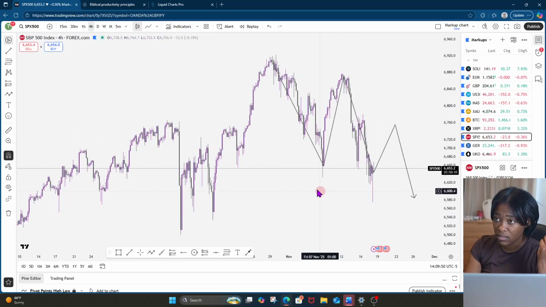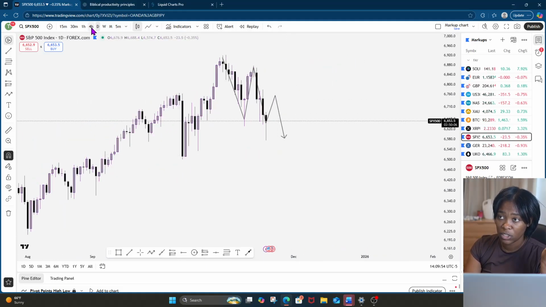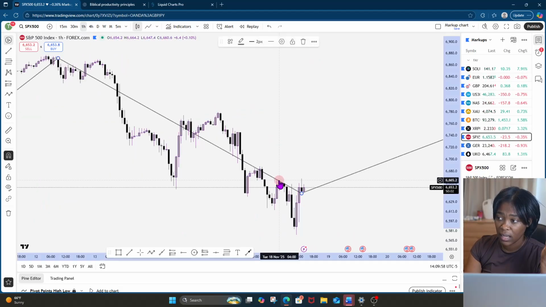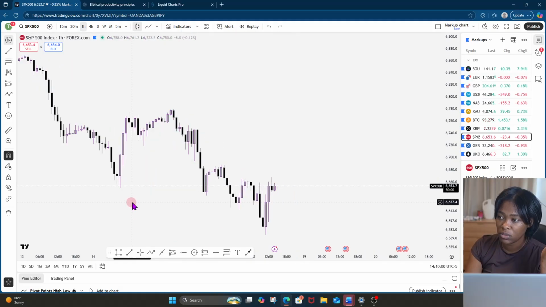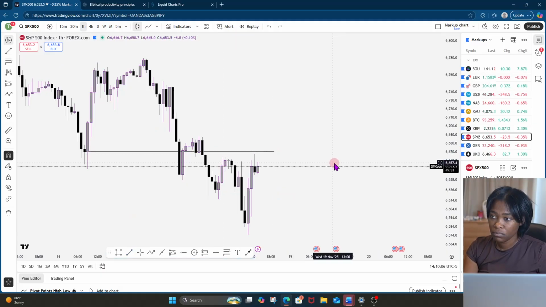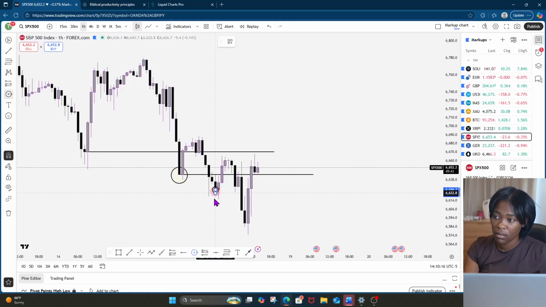Now, price can find support and decide to buy up. I don't know yet, but I'm only going to trade what I see and not assume. So if you want to find small little moves in between here, all you have to do is look at structure. So you can see that a low was created here. And then after that low was created, another low was created here.